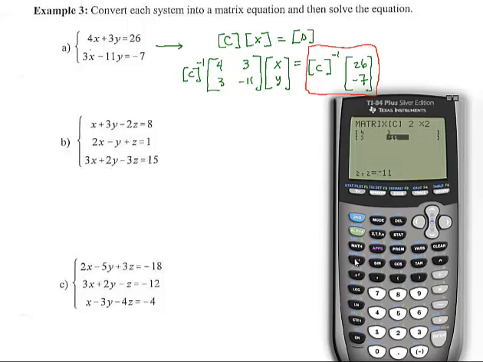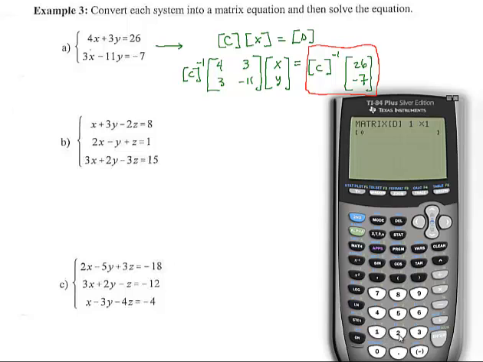So we go back to matrix, or I suggest going back to the home screen and then going back to the matrix menu. We have one more matrix to enter. There is no matrix for D, so just a mistake there. Let's go back and actually enter D in the edit screen.